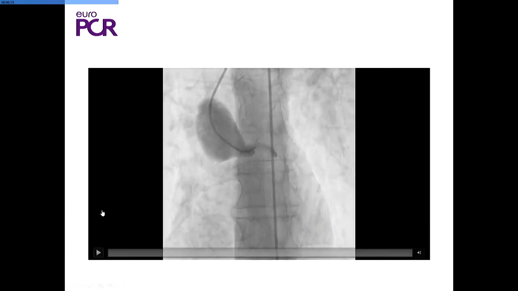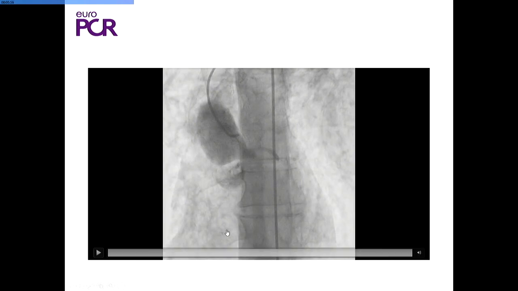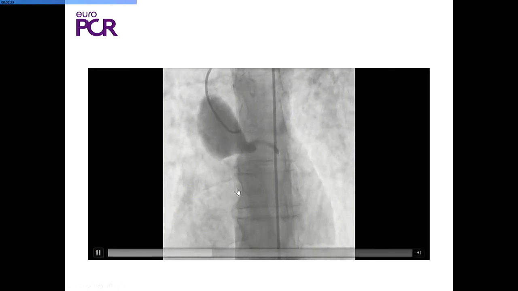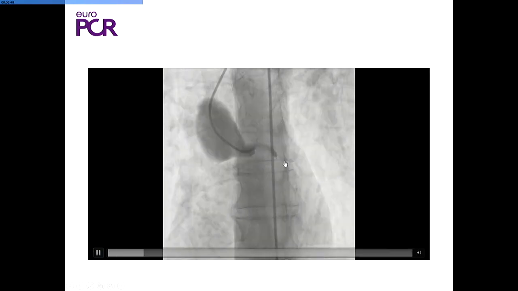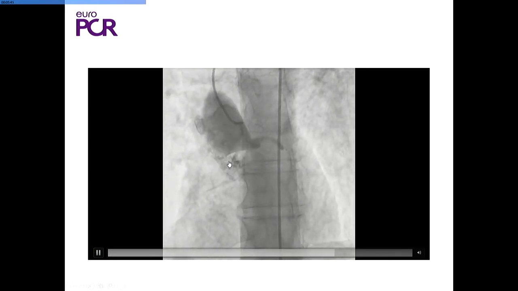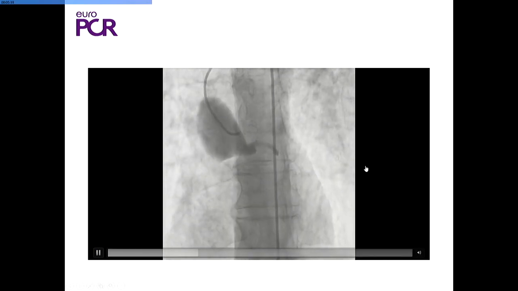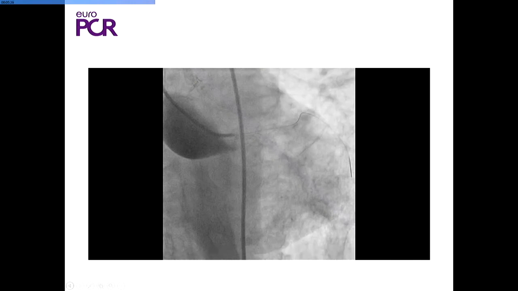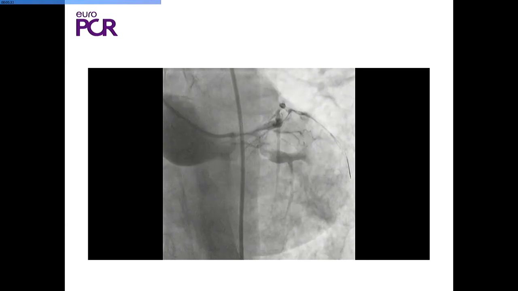So the first thing I did, I took a more friendly guiding catheter, Judkins left 4, and I did this maneuver, which showed me that I am dealing with an extensive left main antegrade and retrograde dissection, mimicking here occlusion of the left main and the branches, and this antegrade and retrograde in the entire ascending aorta.